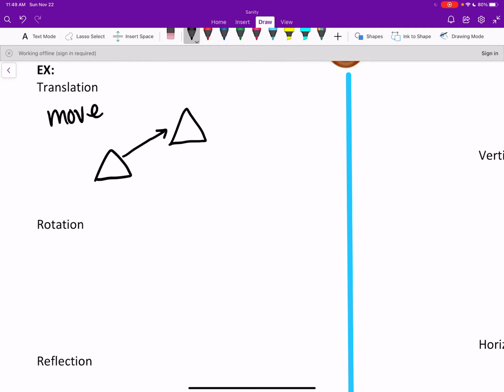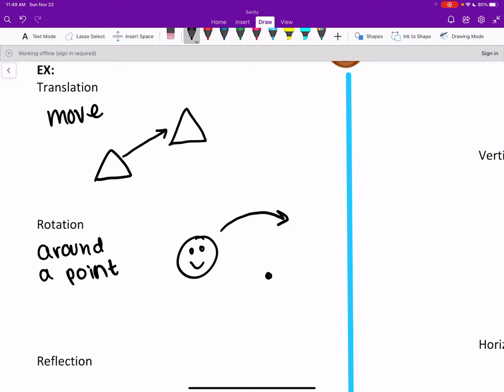Rotation is just what you think about it. You're rotating around a point so many degrees. So maybe you've got this smiley face here, and you want to rotate it around this point 90 degrees. Well, let's say we rotate it clockwise. Now that smiley face is going to kind of look like maybe this if I had to sketch it out a little bit. All right? So rotating around a point.